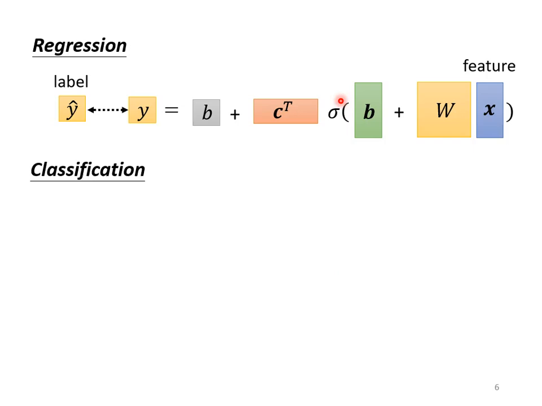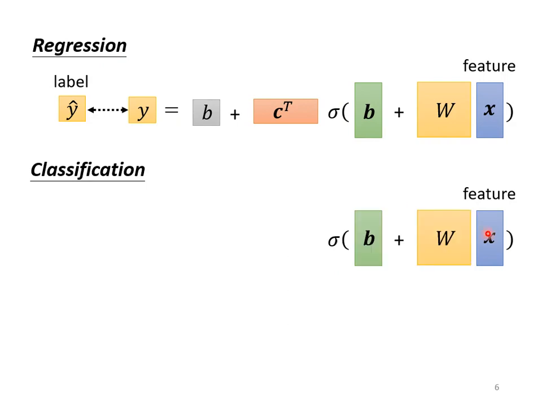Okay, so now we know how regression works. We input x and make the output and the label as close as possible. What if it is classification? We just said that input x is multiplied by w plus b, and sent into an activation function. Then we multiply by w prime and add b prime to get y.